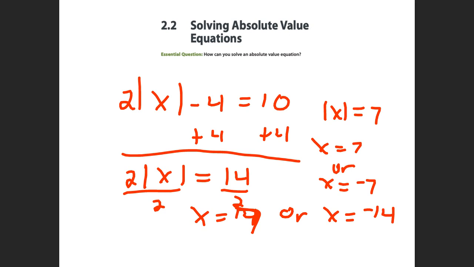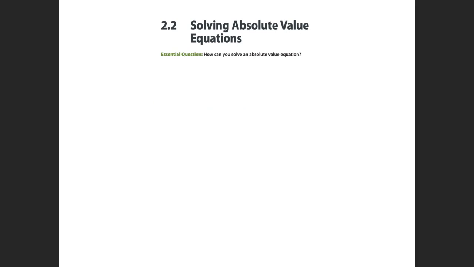Now the hardest type of problem that I can give you with absolute value problems is something that looks like this. Let's say I gave you 2 times absolute value of x plus 5 minus 2 is equal to, let's say, 10. Okay, so now I've got a lot of different numbers on here.